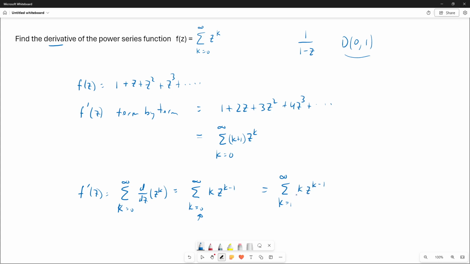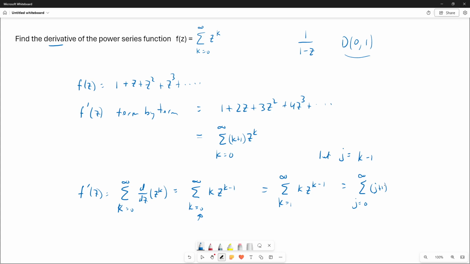And then we could do a change of index. We could let j equal k minus 1. And then this would be, if k is 1, j is 0. And when k goes to infinity, j is following right behind, also goes to infinity. k is j plus 1.